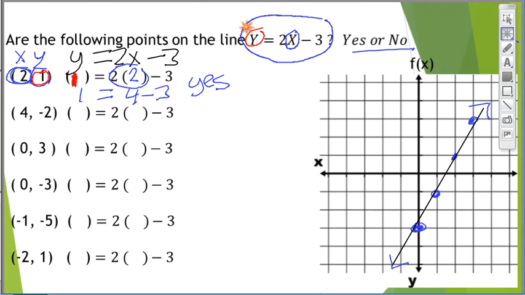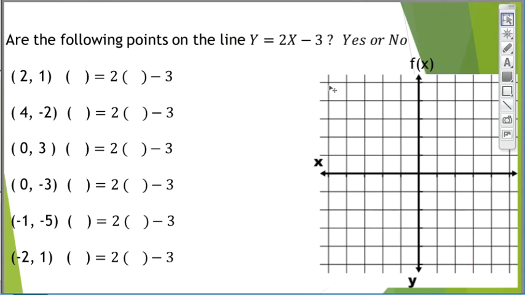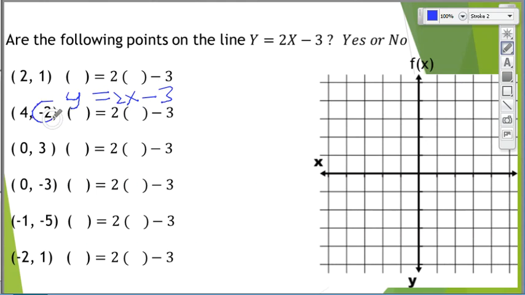Let's look at the next one. I'm going to go ahead and clear off some space here. So is the point 4, negative 2 on the line? y equals 2 times x minus 3. Well, if we plug negative 2 in for our y and 4 in for our x, we can decide if this point is on the line.